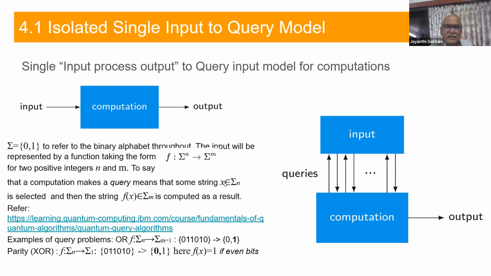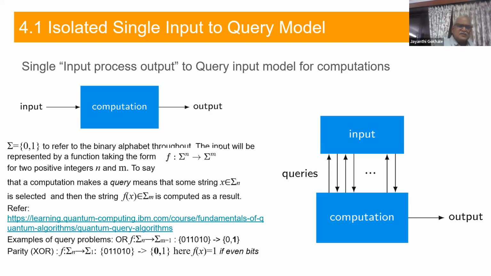So I will say that the input string x belongs to sigma^n, a collection of all strings over 0, 1 of size n. And this is the one which triggers the computation and generates an output. The output once again belongs to sigma^m. So it is a computed result.